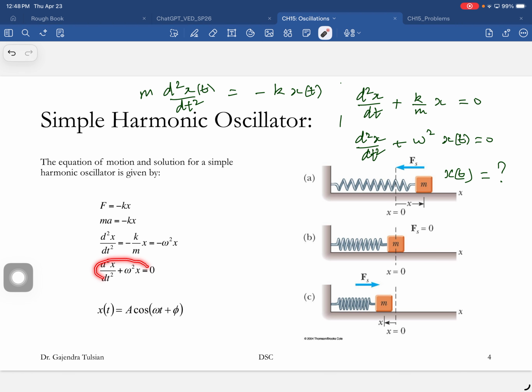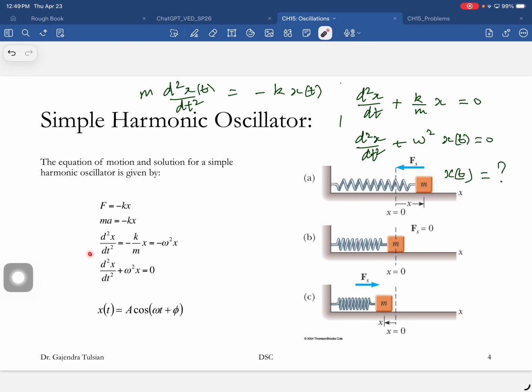So here's this equation. Here's the solution. Look at this constant A. Well, it's not in that equation. Look at this fella. Where did this guy come from? He's not there. So here's the deal.